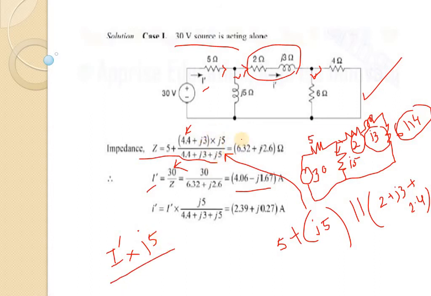Here the total resistance is 2 plus 2.4 plus j3, that means 4.4 plus j3 plus j5. These all are total resistance, that means 4.4 plus j8 is our total resistance.